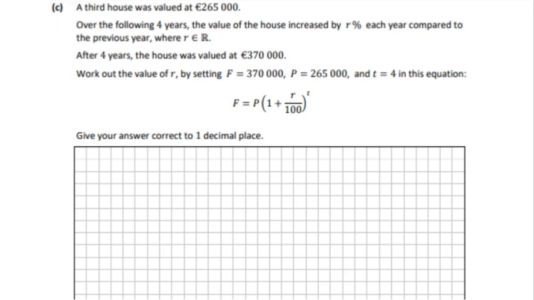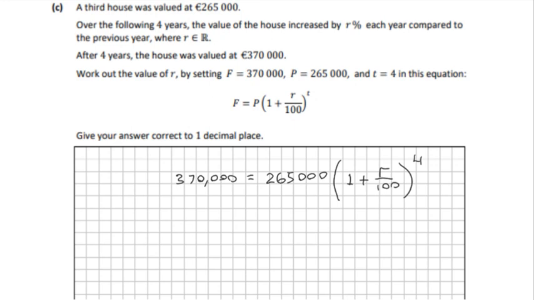So we're going to have 370,000 as the final value, 265,000 replaces the P. Let's put in the parentheses, the unknown R over 100 as a percentage, and 4 then as our power. So we cannot compute this with our calculator because R is an unknown.